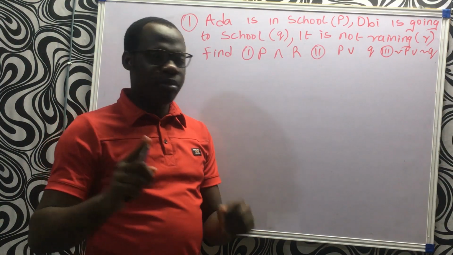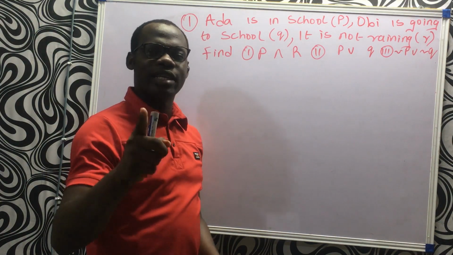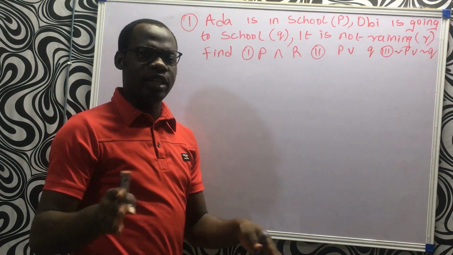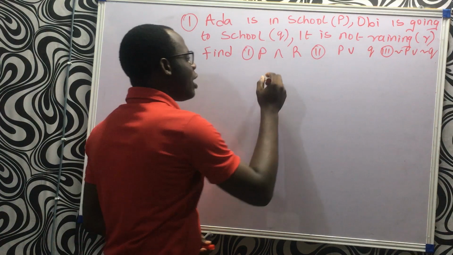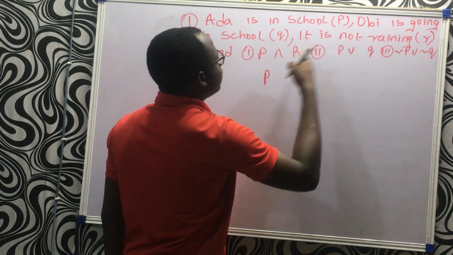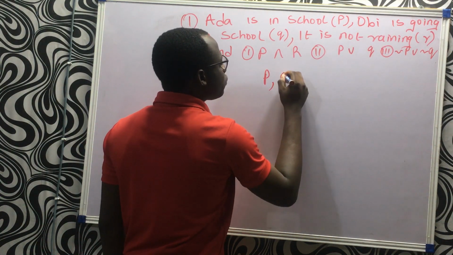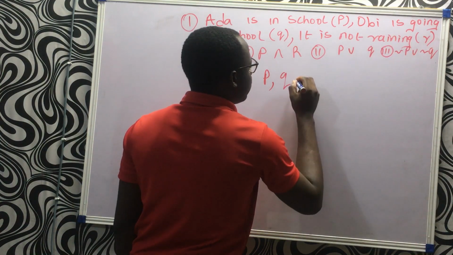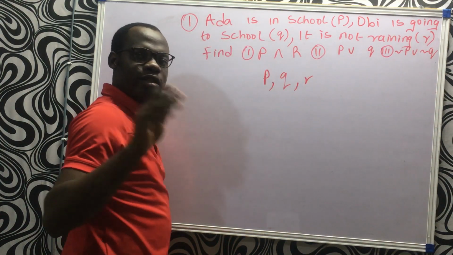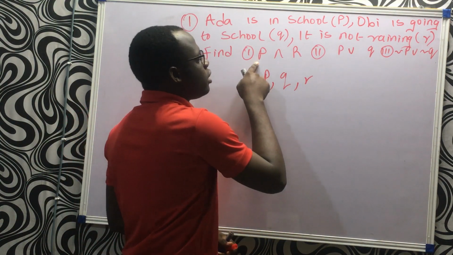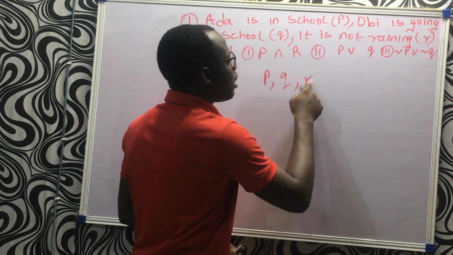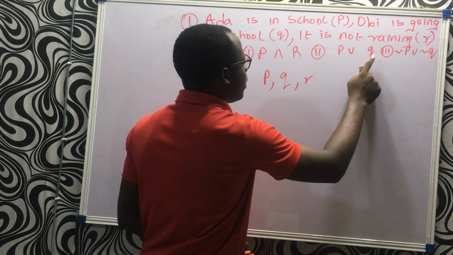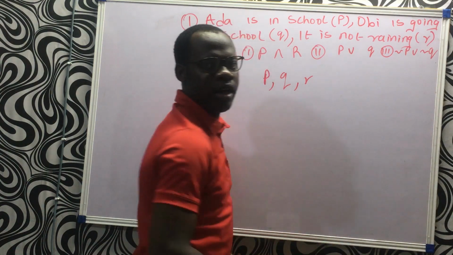So the first step in solving this question is to identify the variables you are dealing with. From this question, we have P, Q, and R. Then you also look at the questions. We have P, R, P, Q, and there's no other variable.